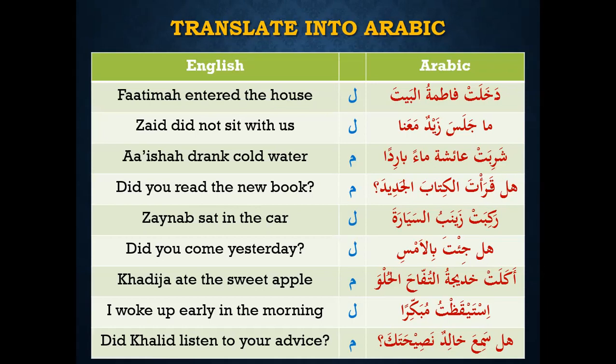ركبت زينب السيارة. This concept is slightly odd. People find it difficult to understand, but don't worry, it takes time, but you keep hearing it. Zainab mounted the car. Zainab sat in the car. Rakiba means actually to ride the car. In slang, we would just translate it as sat in the car.